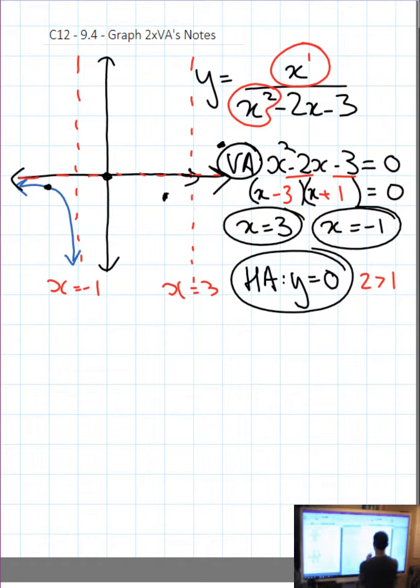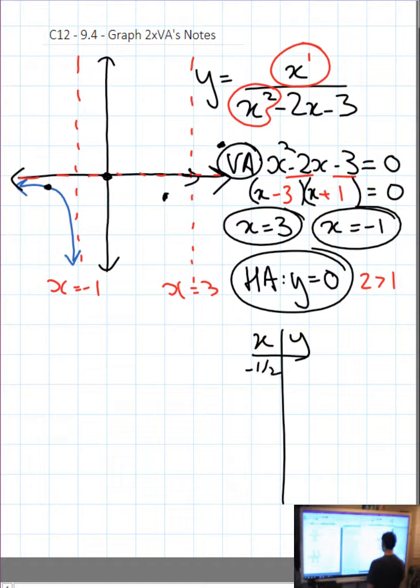Now this center bit's a little bit confusing, so I highly suggest testing more points, checking a value in the table of values, such as -1/2. And if you do that, we can find out that the point is going to be positive, which means the point is above the x-axis, so I'm going to start close to this vertical asymptote, through the point or points and close to the asymptote.